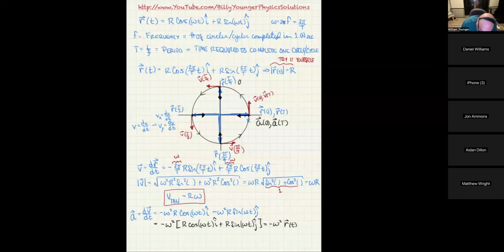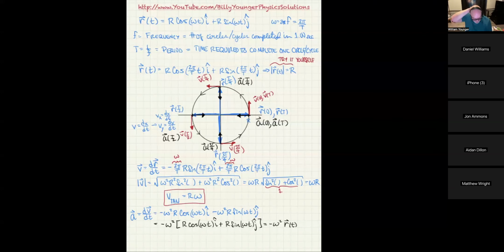And this one is a of t over 4. This one's a of t over 2. And this one's a of 3t over 4, like that.